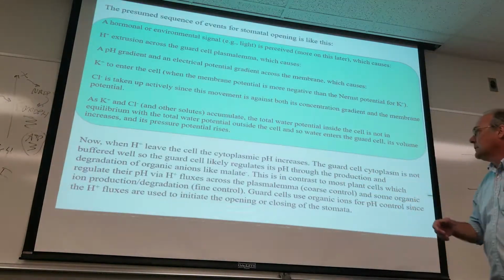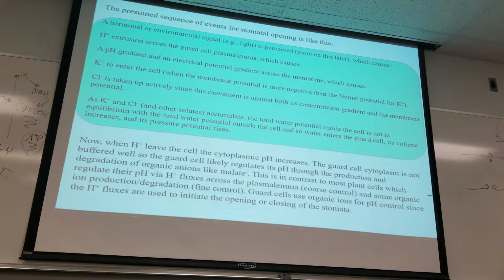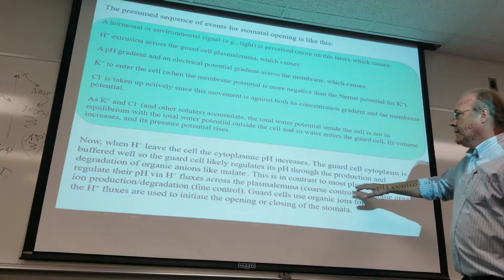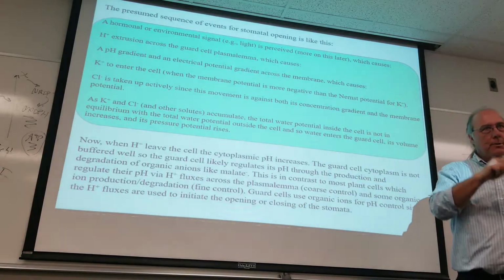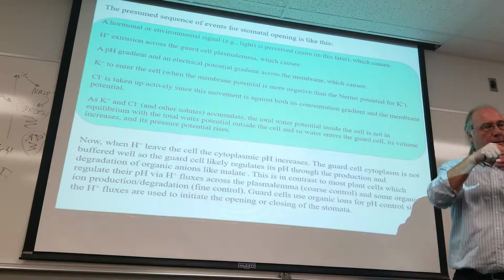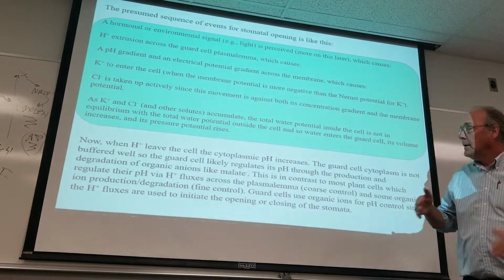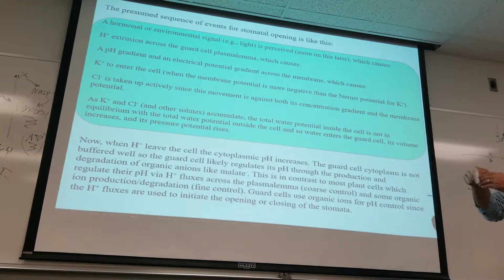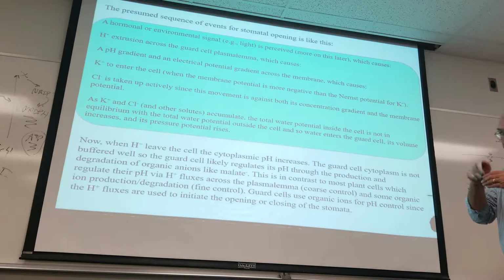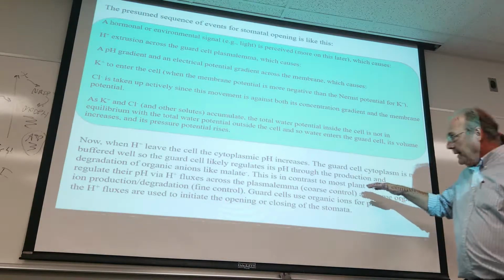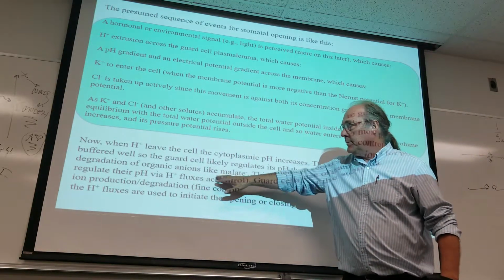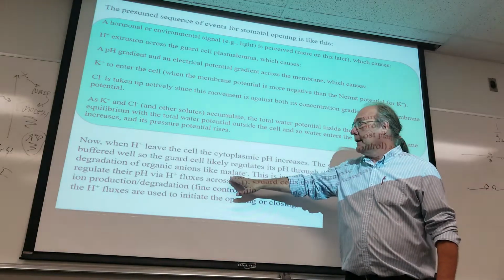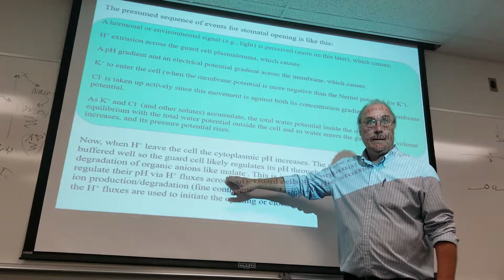Now, most cells regulate their pH by pumping protons across the membrane when they need to. But guard cells are doing that to open and close, and so they can't use that to regulate their pH. They likely regulate their pH through the production and degradation of organic anions like malate.